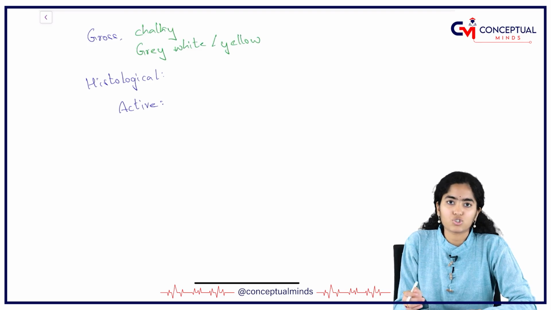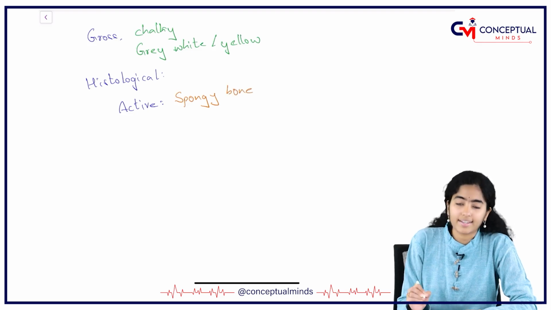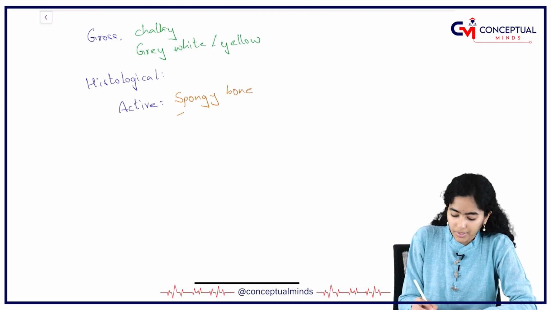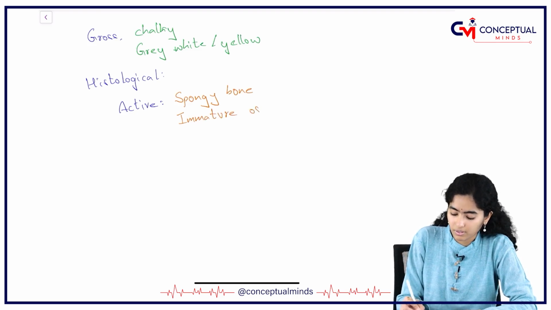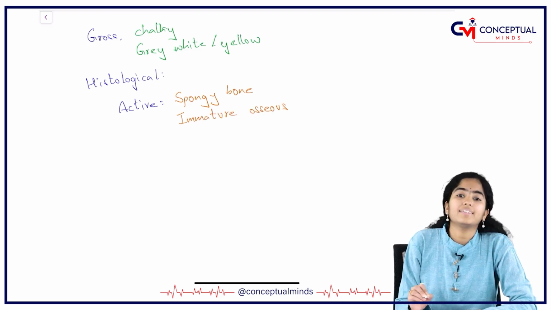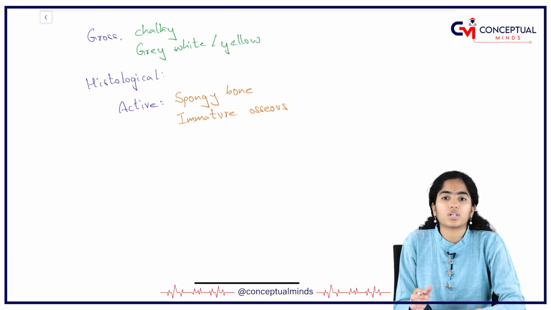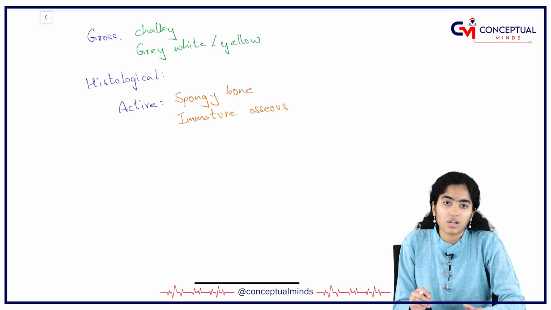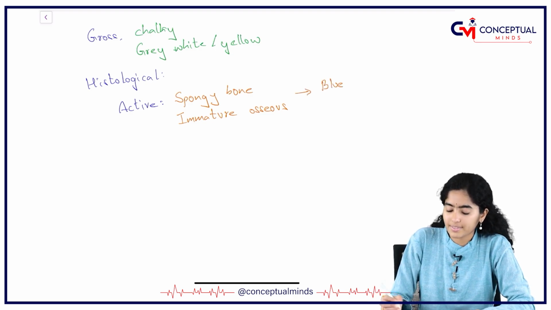During active stage, what we see is the spongy bone structure. What is there in spongy bone? Immature osseous tissue with large marrow spaces, giant cells, osteoclasts, osteoblasts, and mainly numerous vascular channels, and this will give a blue color appearance.